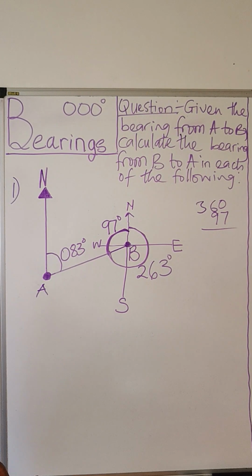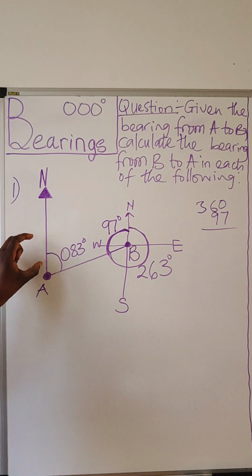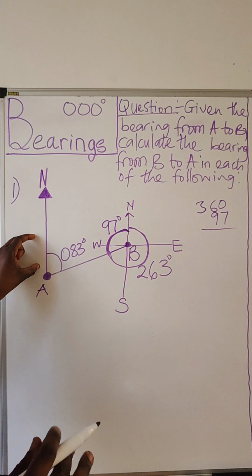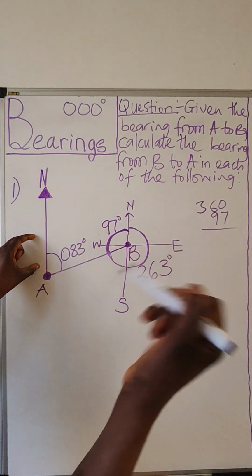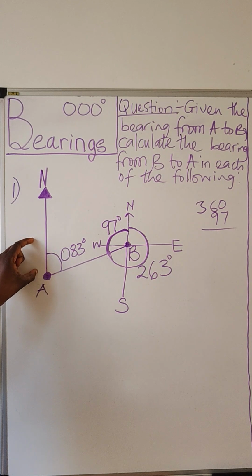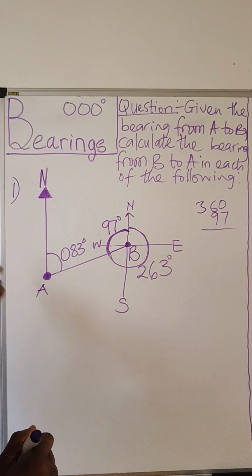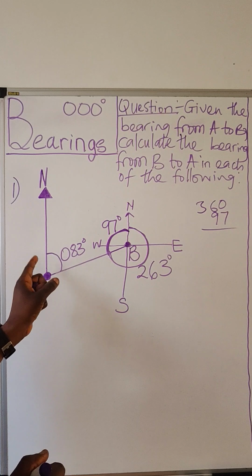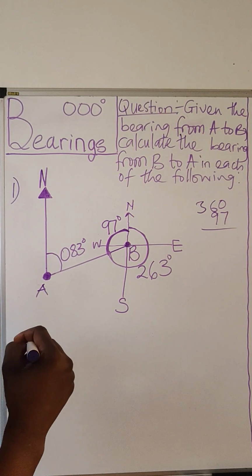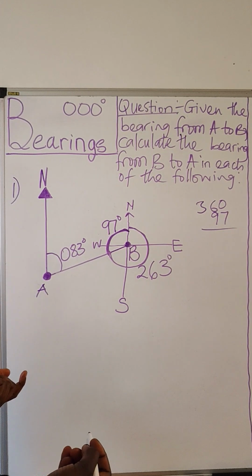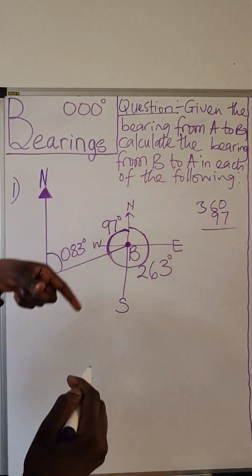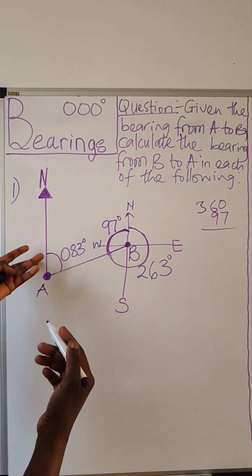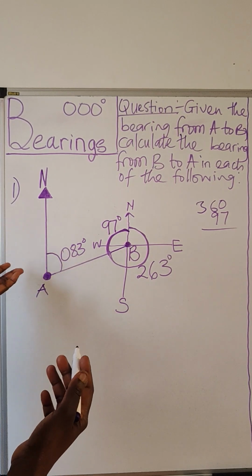The second method of solving it is when you are given a bearing and you are asked to find the opposite bearing. The bearing from A to B has been given as 83 degrees, and we are now asked to calculate the bearing from B to A. So it's opposite to what we've been given.